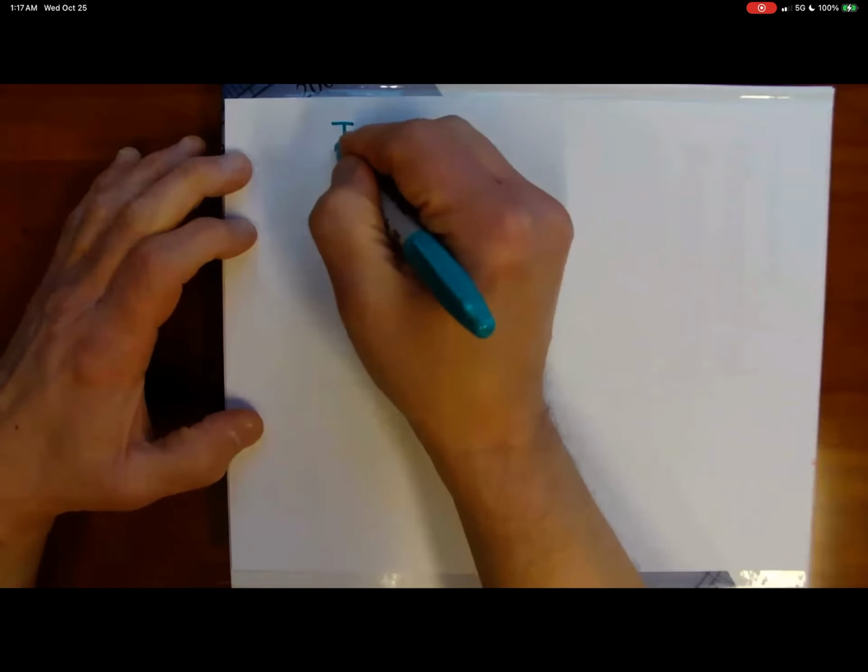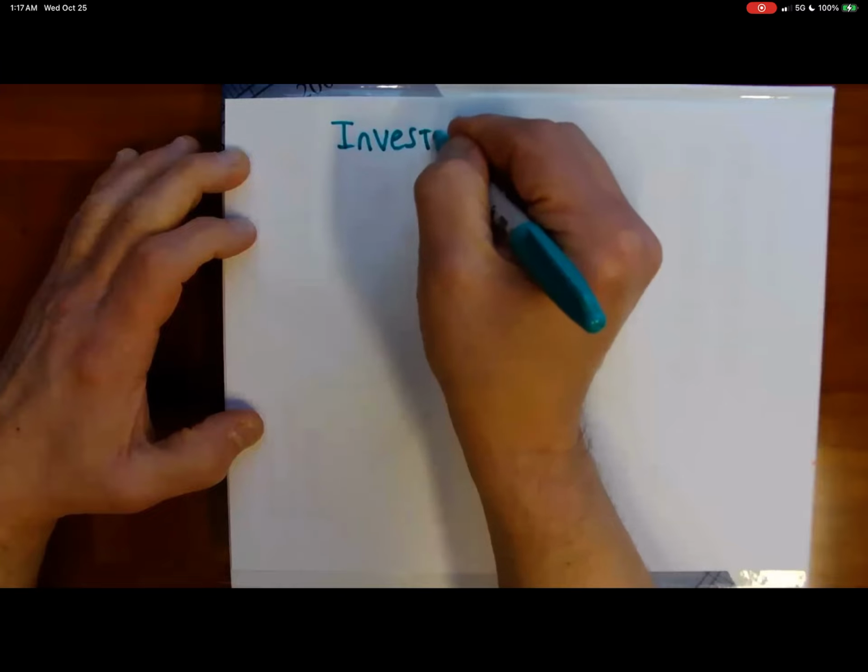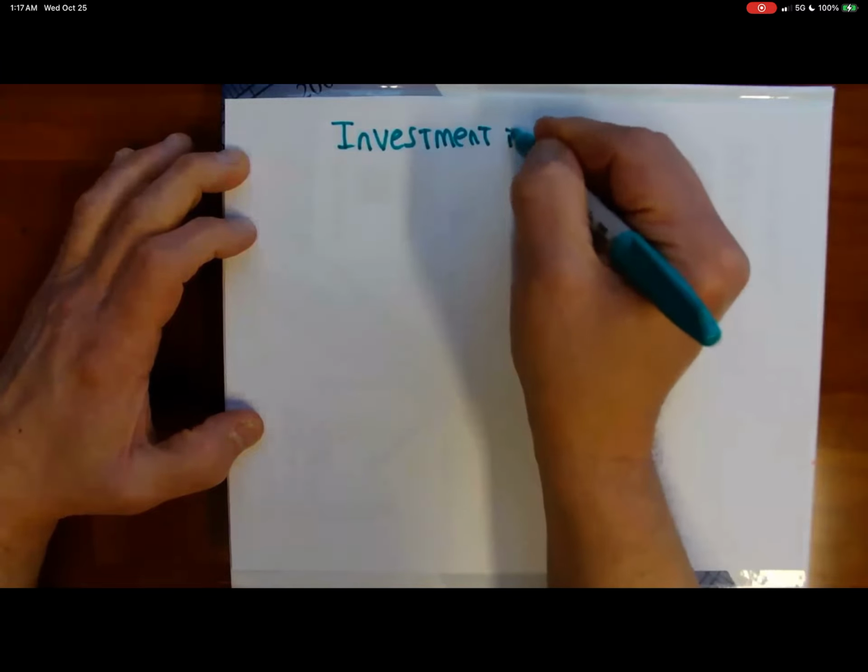I'll even get it started. I'll go ahead and begin the work. See if somebody can jump in a second. To do this, let's set up a T account. Let's create a T account here for the investment in ABC Company.